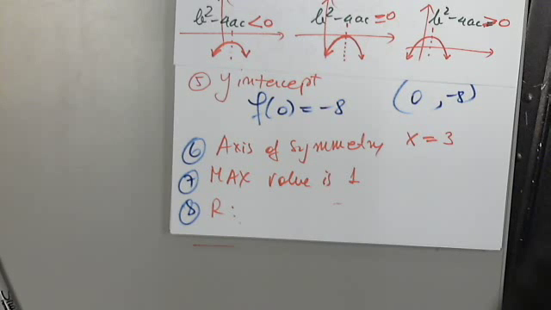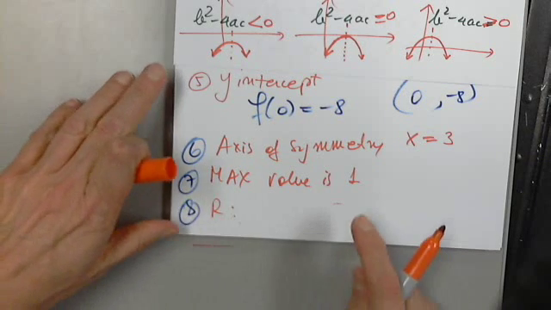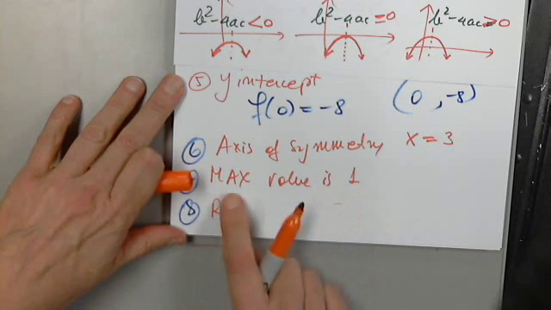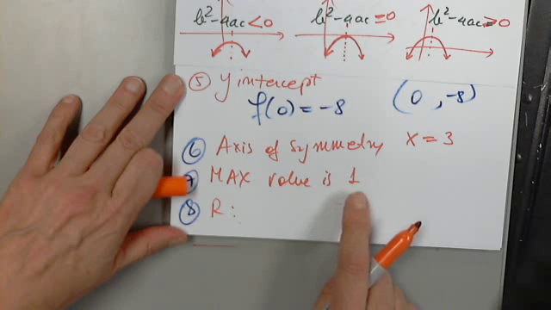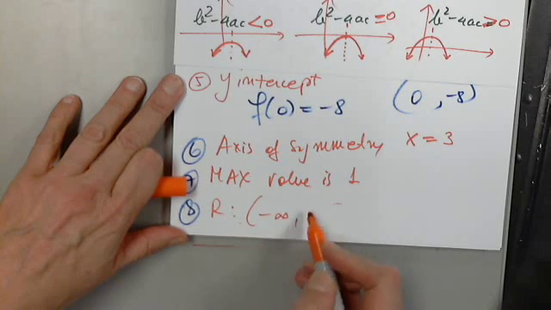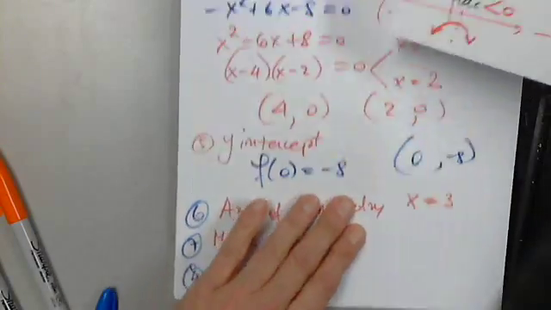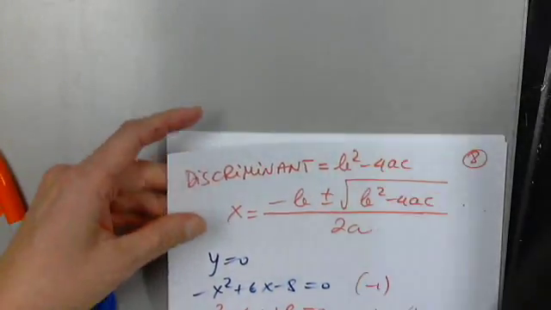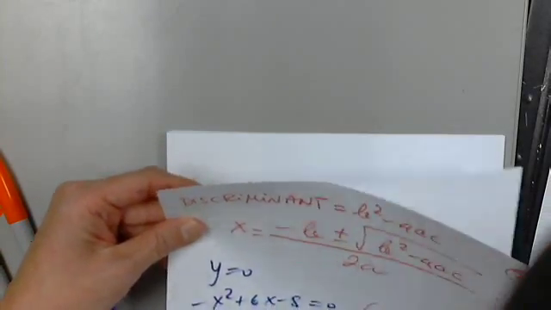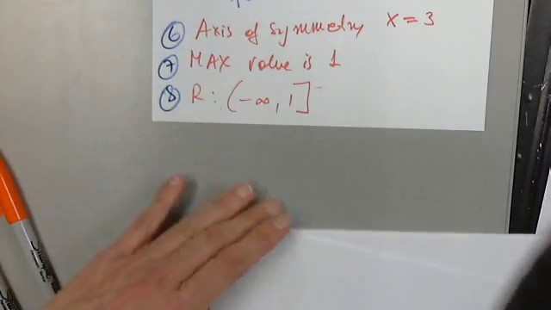What is the range of this function before we even graph it? Negative infinity to the maximum value is 1. Negative infinity to 1. Good. So now let's graph. Any questions? We always start by graphing the vertex.